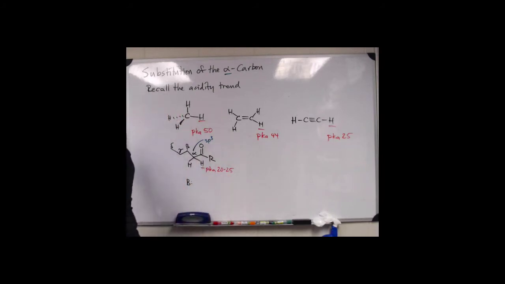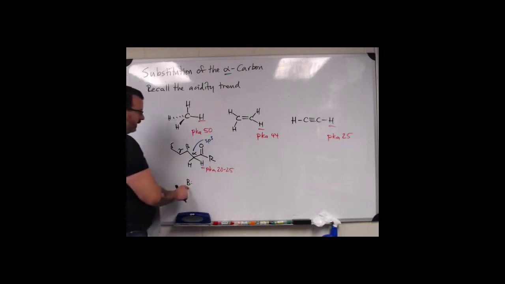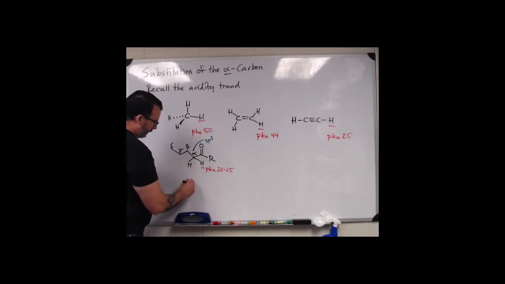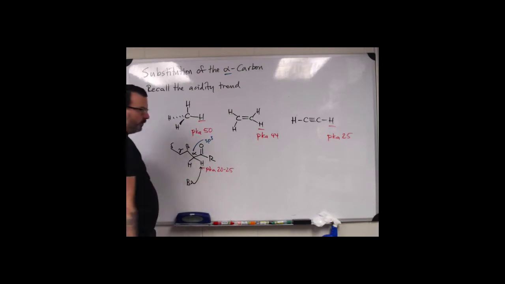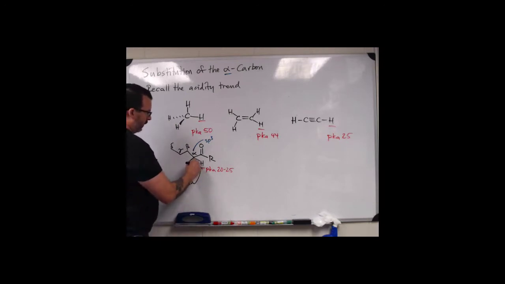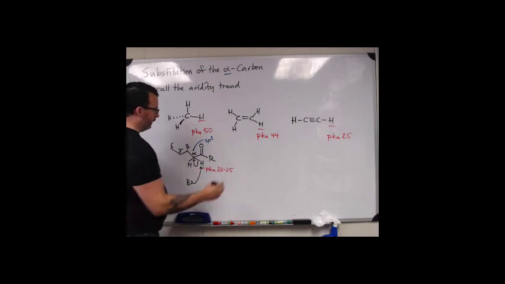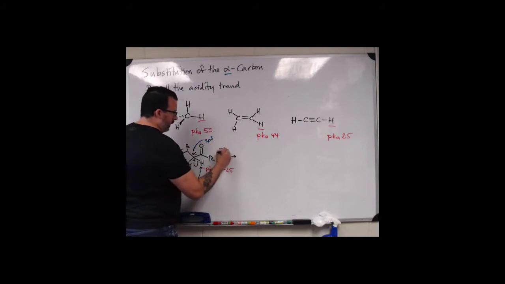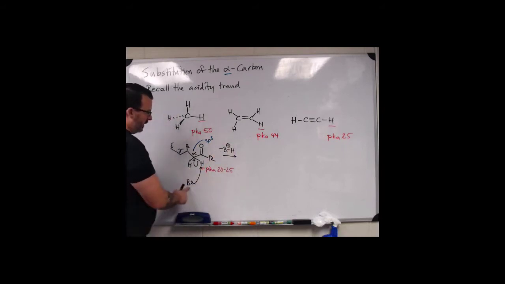So again, we're going to look at what specific types of bases we need to use to carry out this reaction. But again, the base supplies the electrons that will abstract the hydrogen. Grab that hydrogen, we're going to break this bond and put the electrons right on the alpha carbon. So we lose the conjugate acid of this base.